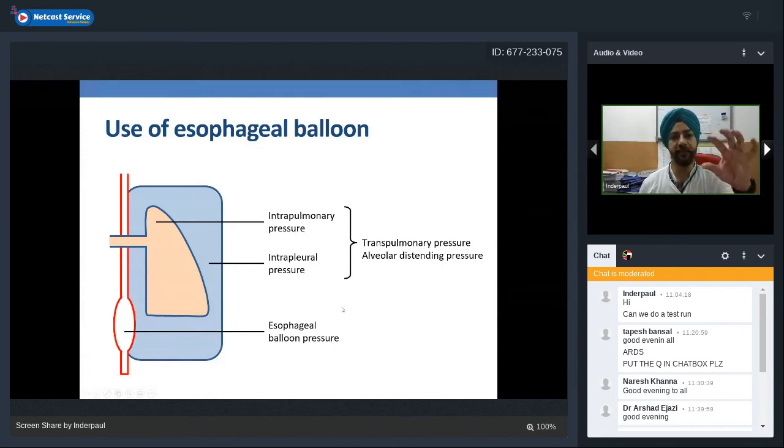The best way is to put a manometer in the pleura and then measure the pressure, but that would require you to create a pneumothorax, and it is best avoided. So what we have in our hand till date, with the current technology, is the esophageal balloon, which measures the esophageal pressure that reflects the changes in the pleural pressure.